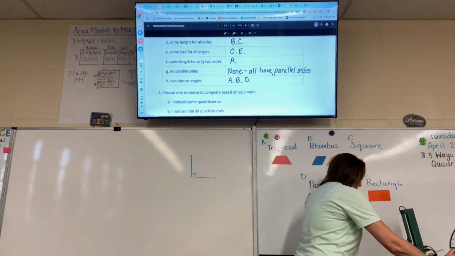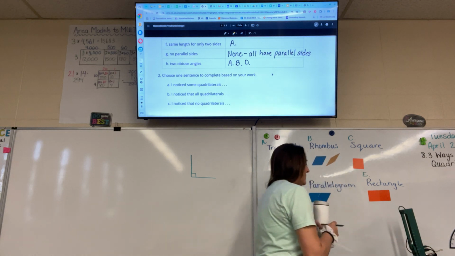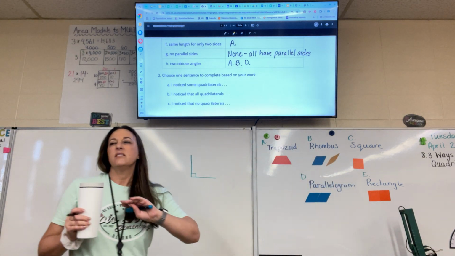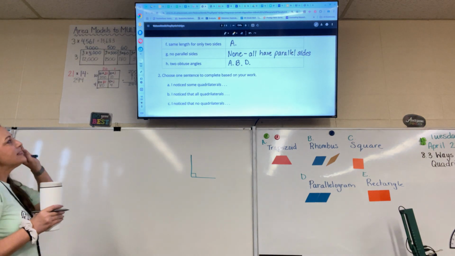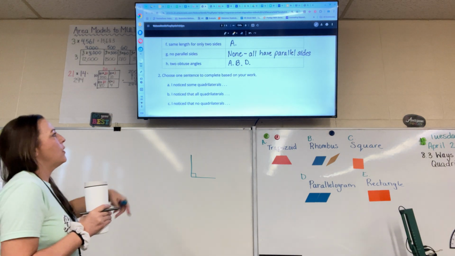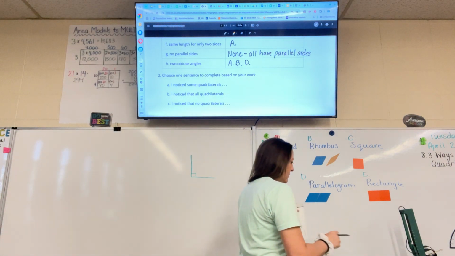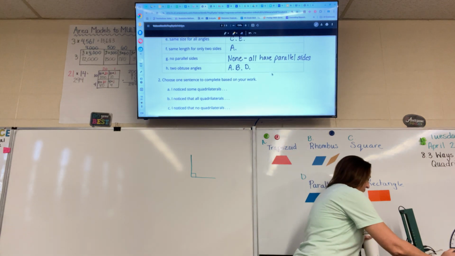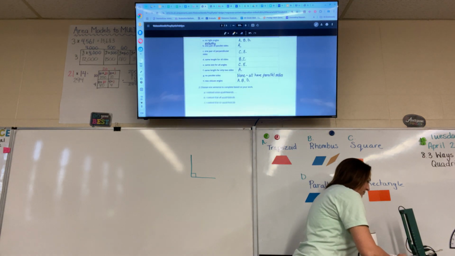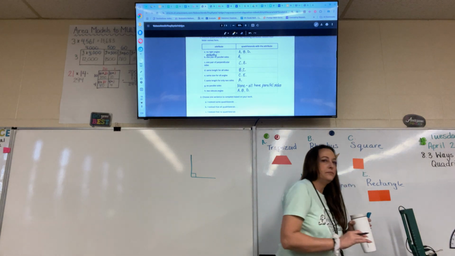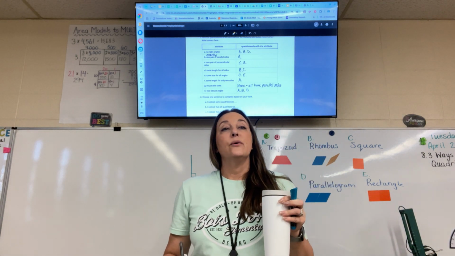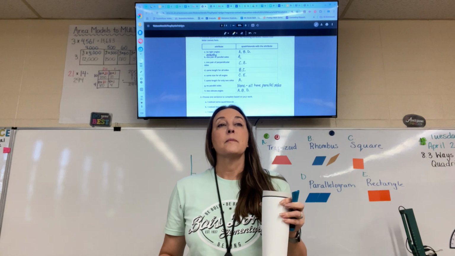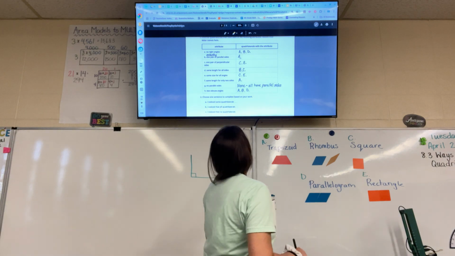Now it says choose one sentence to complete based on your work. These are short, we're going to complete them all. I noticed some quadrilaterals have what? What do only some of these guys have? Raise your hand, please. Willow. No right angles.